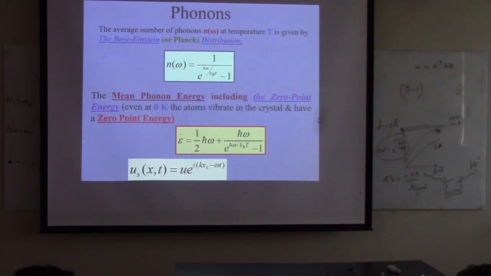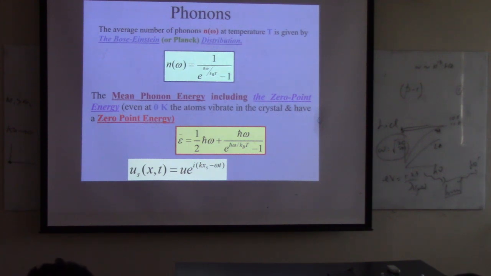The average number of phonons is given by 1 over e to the power ħω over kBT, minus 1. So that means the number of these harmonic oscillators, right? For a given temperature, this is the average number of phonons, the average number of those simple harmonic oscillators.